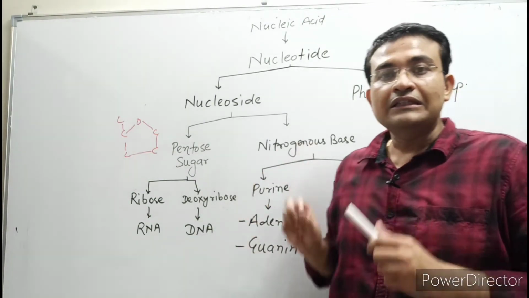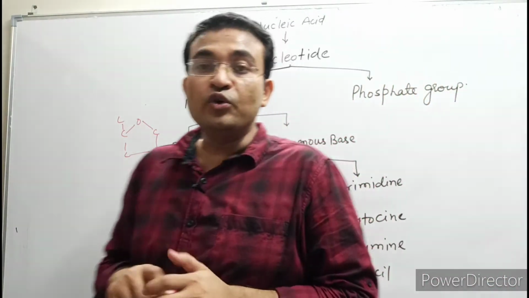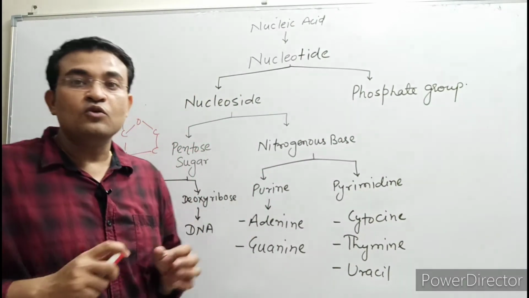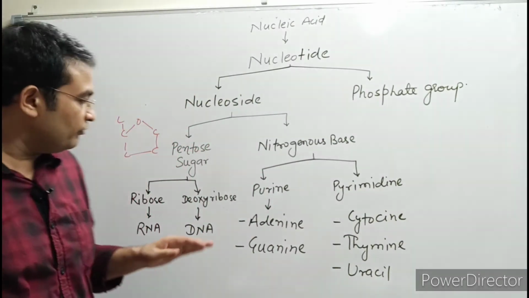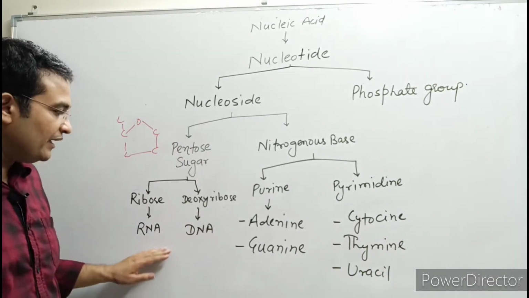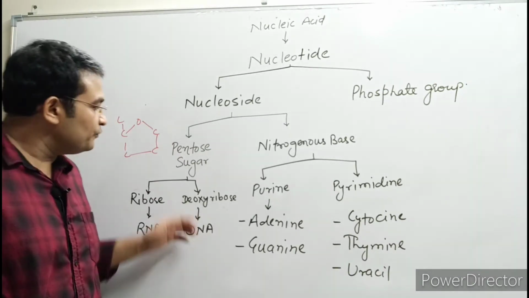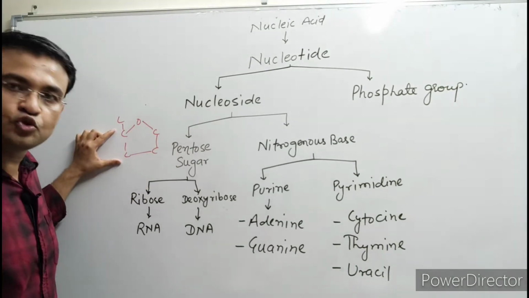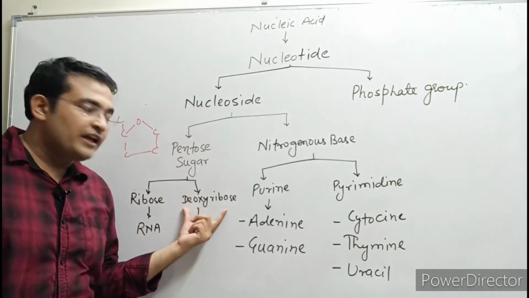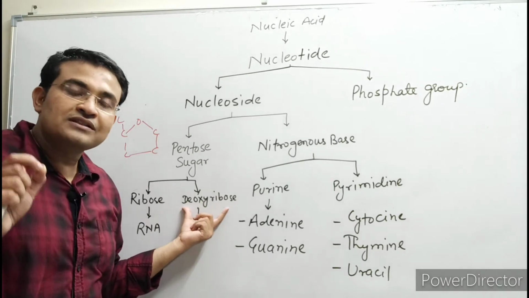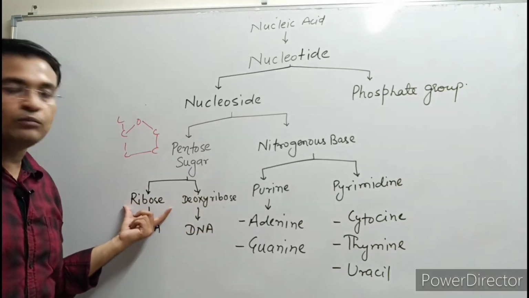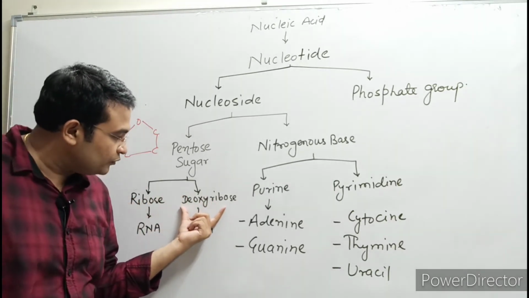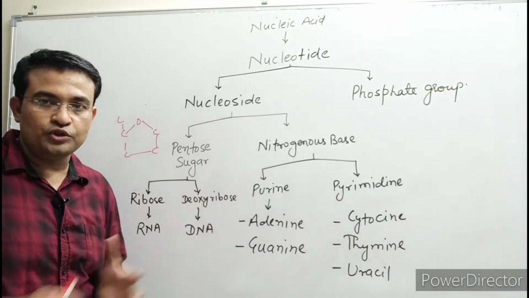It means the ribonucleotide is the unit of RNA and the deoxyribonucleotide is the unit of DNA. So the name DNA and RNA based on this pentose sugar. Okay, and this is the 5 carbon sugar. And in deoxyribose sugar, one oxygen is less than the ribose sugar, so it named the deoxyribose pentose sugar.